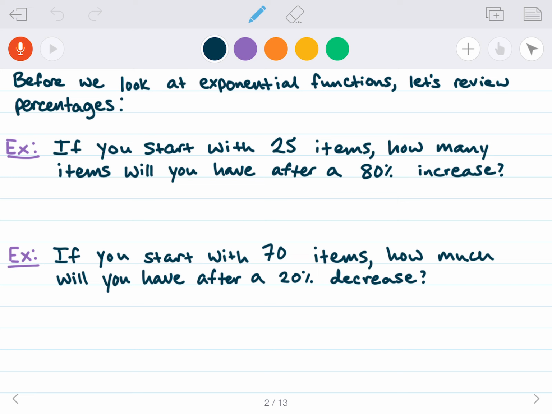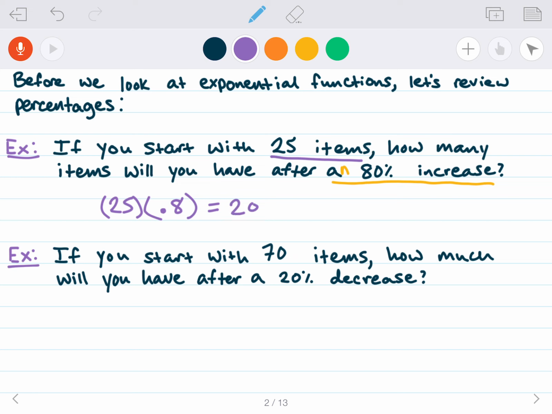Okay, so before we start to talk about exponential functions, let's just review percentages. If you start with 25 items, how many items will you have after an 80% increase? Well, to do this, you just take 25 and multiply it by 80%, which as a decimal is just 0.8. And then we get 20.